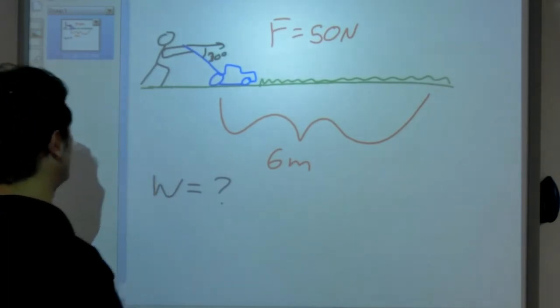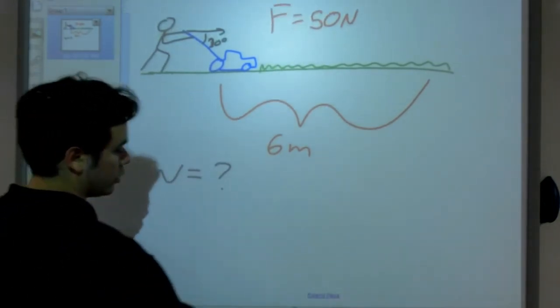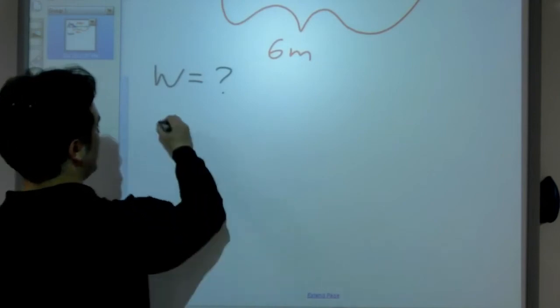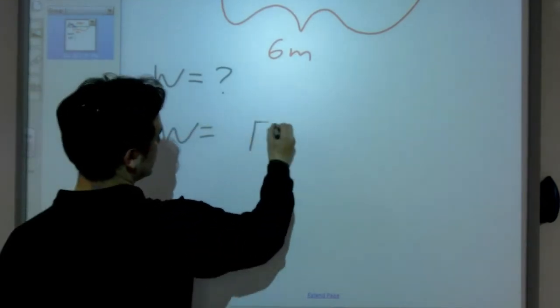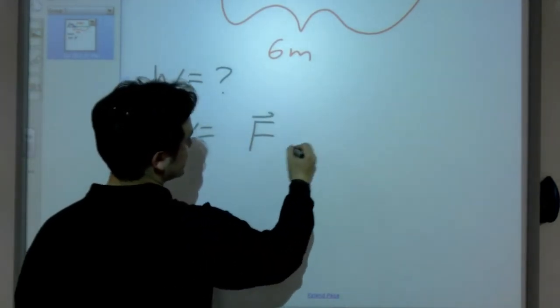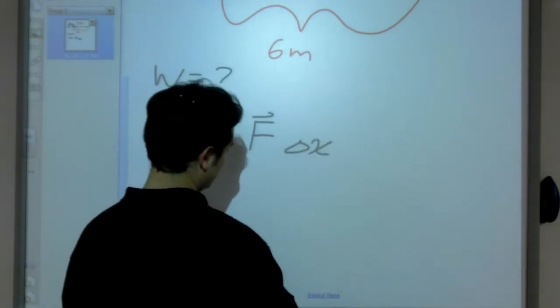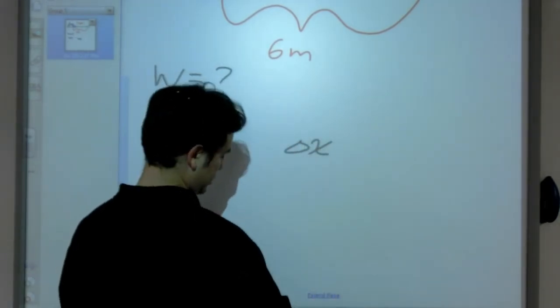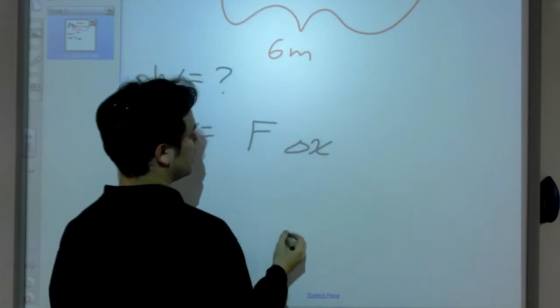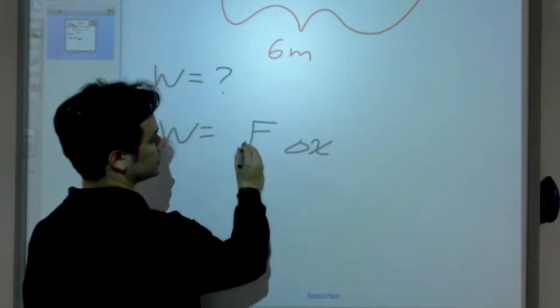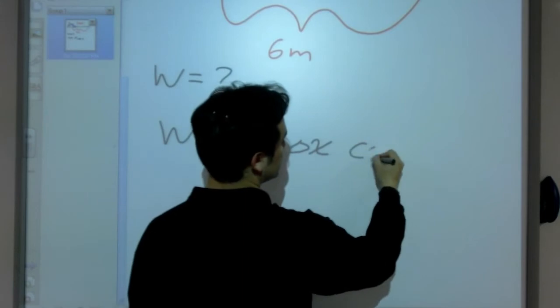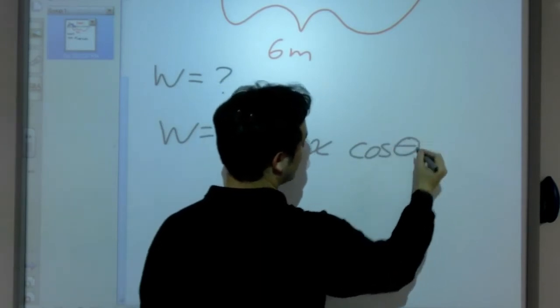Okay, well, we're going to use one of our general equations here. Work equals our force times our displacement. So for this one, I'm going to use the equation that we're using for general physics: force times our displacement times cosine of the angle between the two.